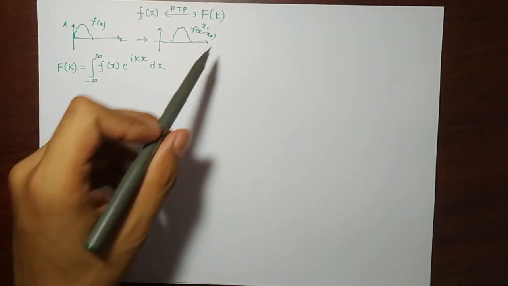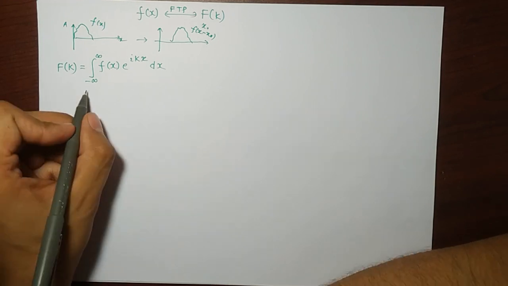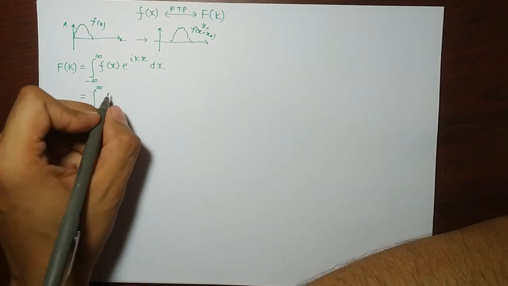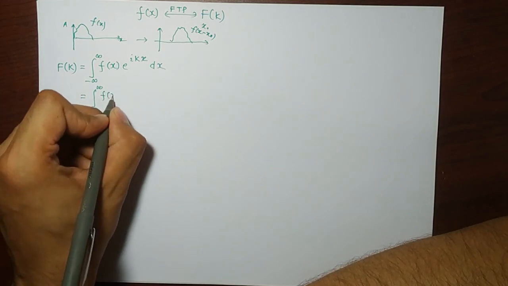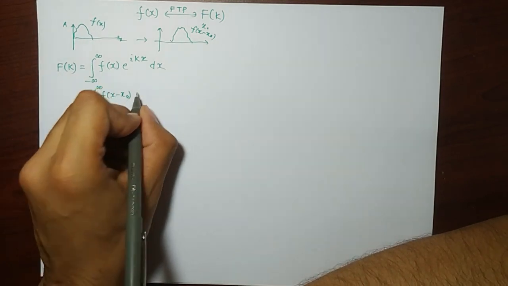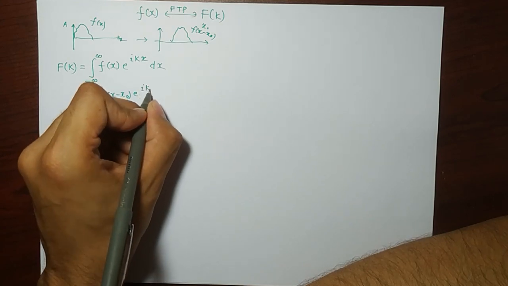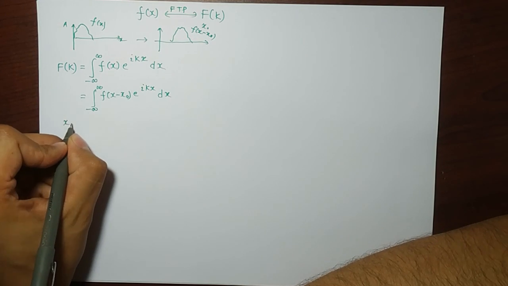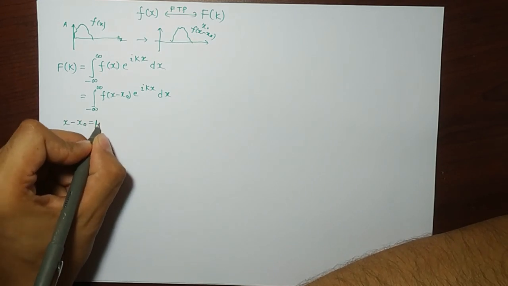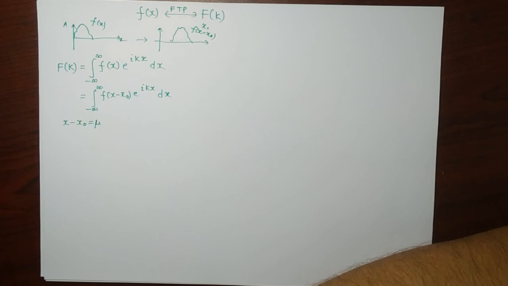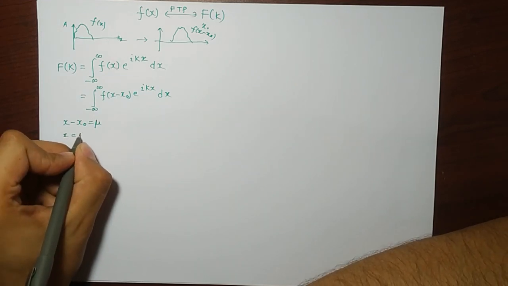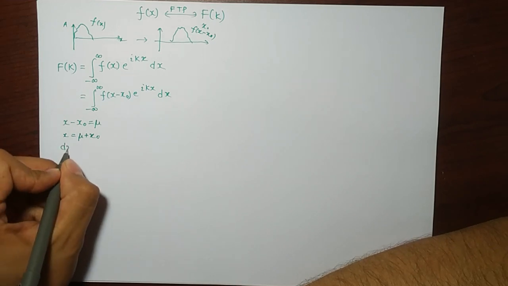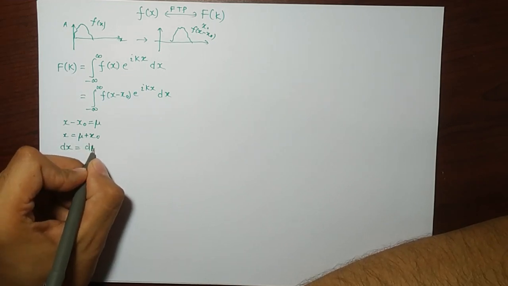For finding that, we can plug it into this formula. We'll see that this is the integral of f of x minus x naught e to the power i k x dx. I can replace x minus x naught with mu, then x will be mu plus x naught, and dx would be equal to d mu.